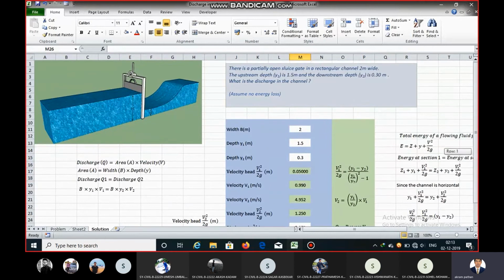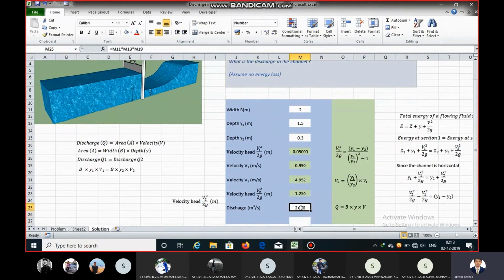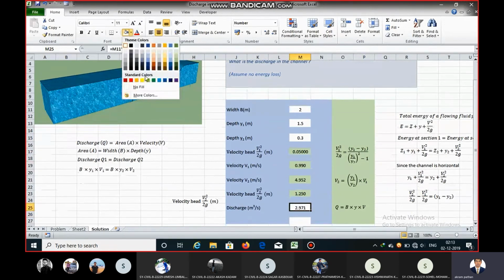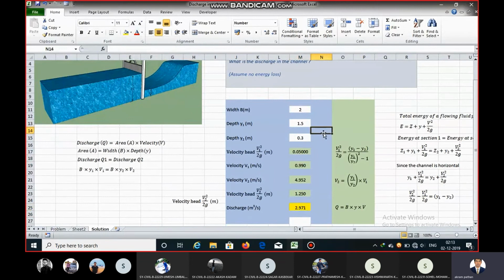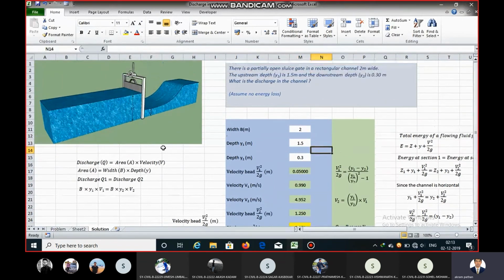So 2.971 is our actual discharge. This is how we can develop the formula, as you can see in the simple Excel program. So you can also generate such a program.